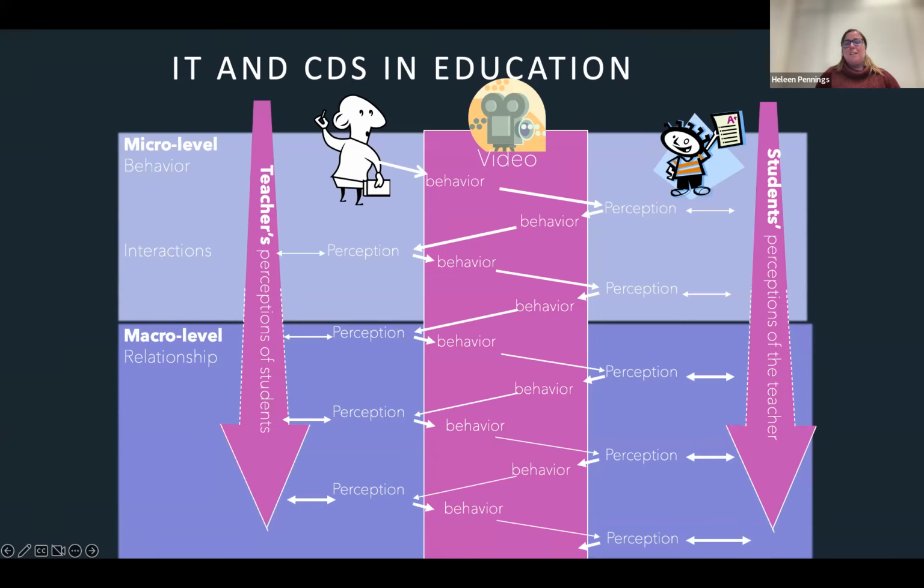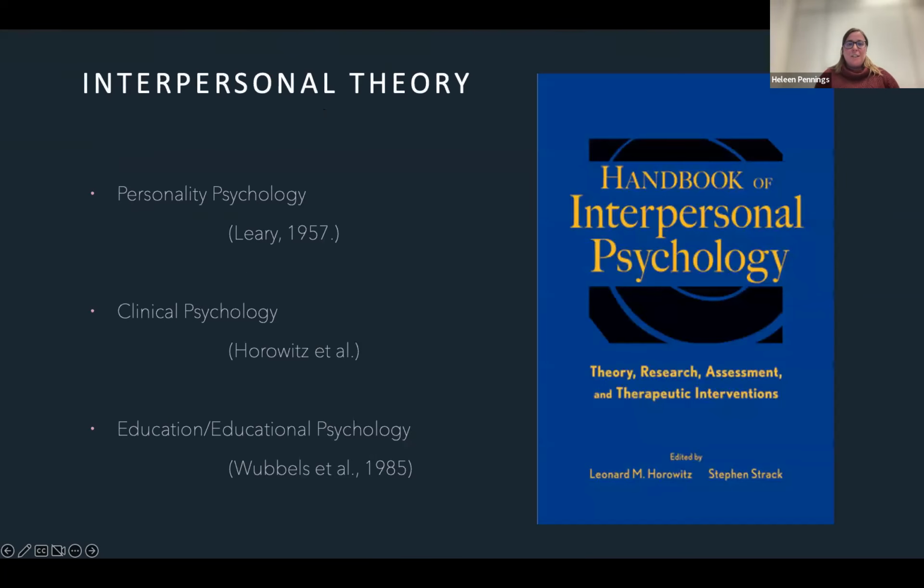For us, that's the macro level time scale, the description of the quality of a relationship. One could say that these interactions on the micro level are the building blocks of relationships. That's the context that we are studying.